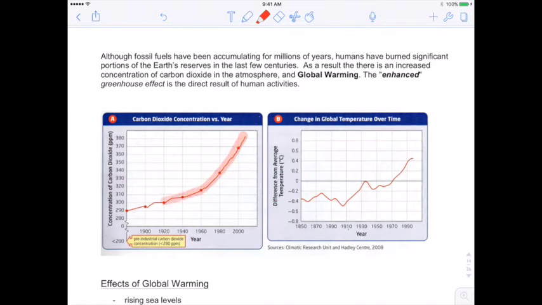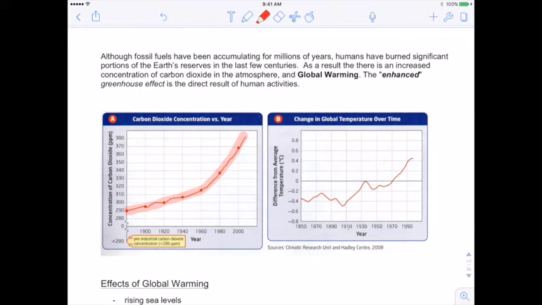And we see this J-shaped curve. This upward curved slope tells us something really important. It tells us that the amount of carbon dioxide in the atmosphere is not only increasing, but it's increasing exponentially at a really, really fast rate. So it's not a straight line, it's an upward curving line. And this J-shaped curve means it's increasing super fast.